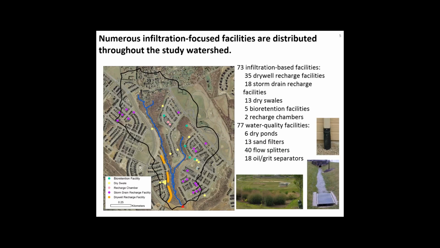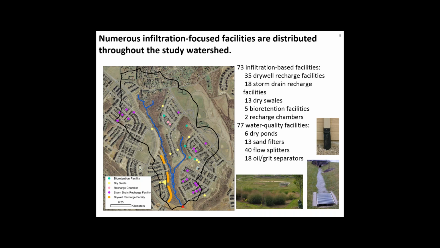Just zooming in on the watershed with distributed stormwater management, this is what the landscape looks like. You can see the stream network, and the different colored dots here represent the different types of stormwater control measures within the watershed. Most of them are focused on infiltrating stormwater.